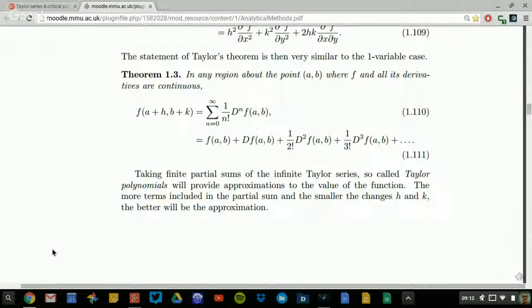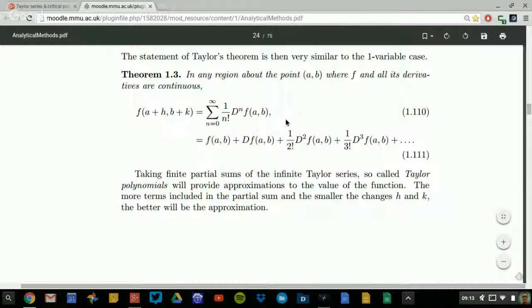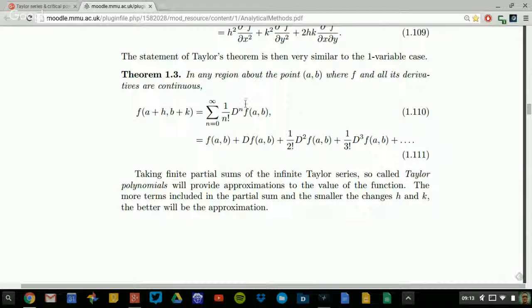So again, it's this infinite series, sum from n equals 0 to infinity. There's two variables in the power series now, h and k. See, h and k are both in the definition of D. So in the right-hand summation here, you've got the variables h and k. So this is an infinite polynomial in h and k, a power series in h and k.